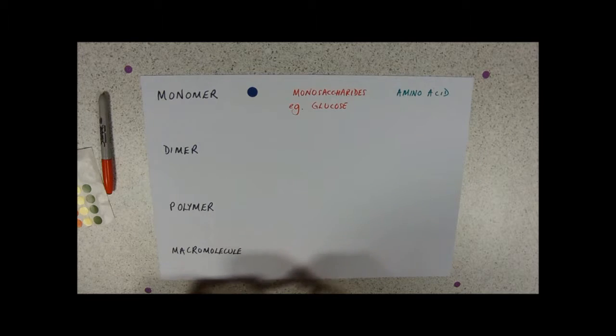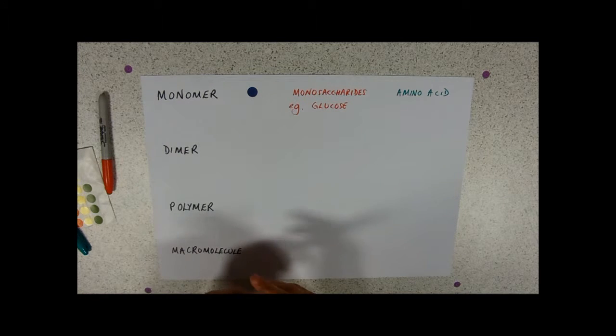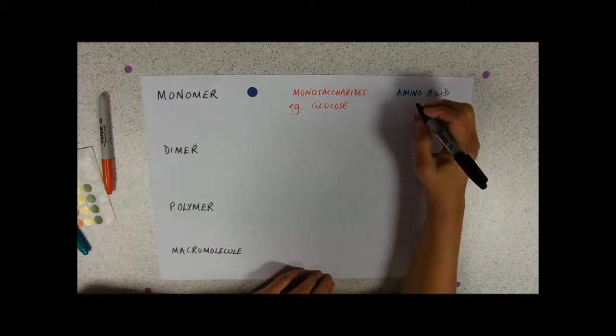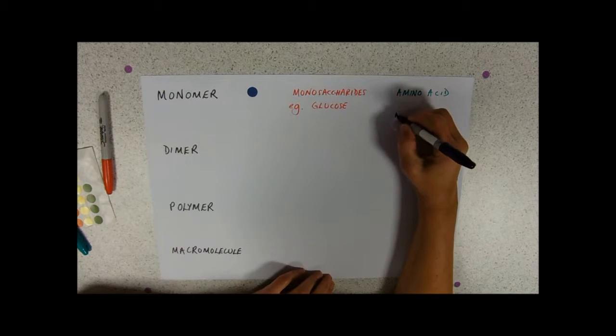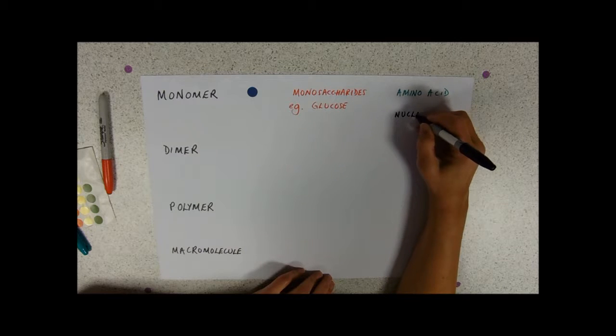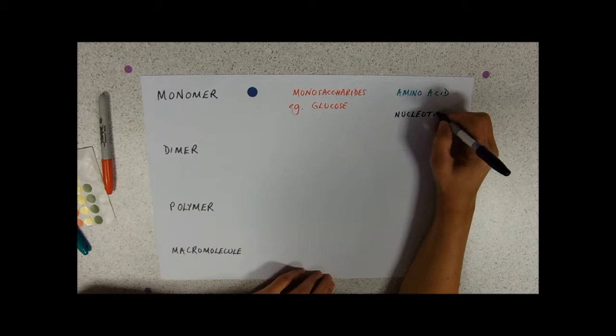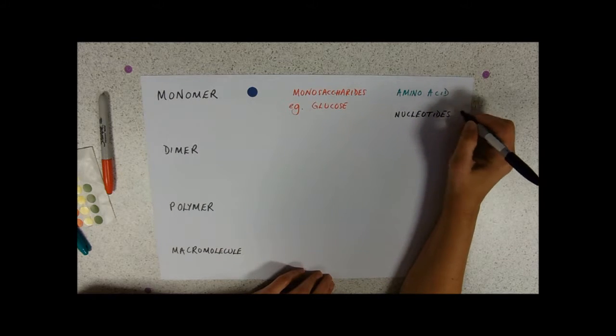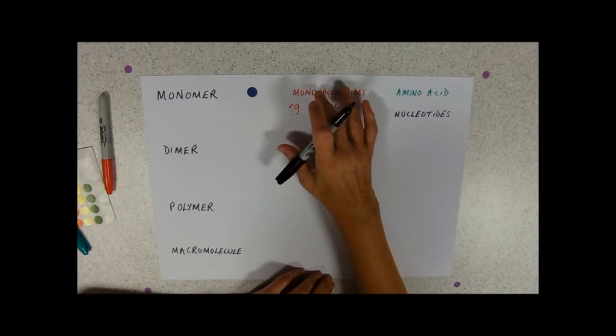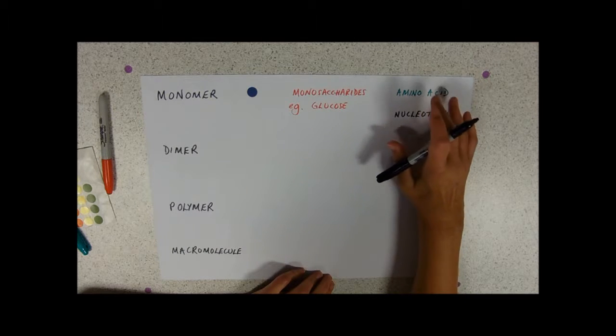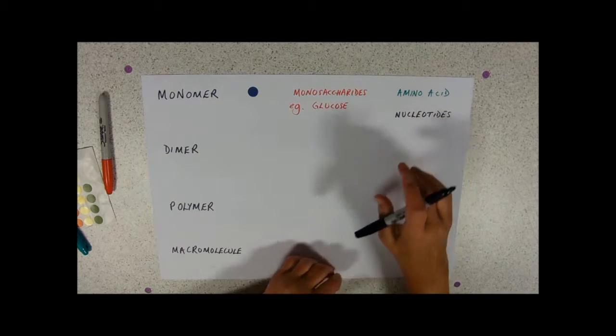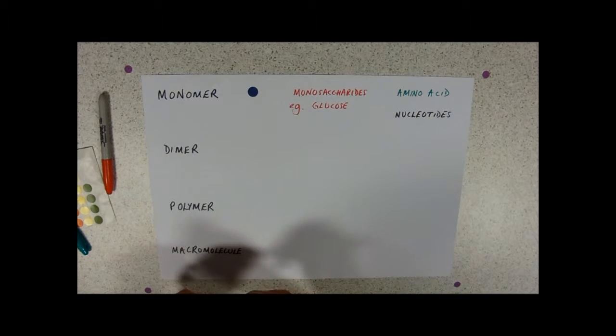And the monomer of the nucleic acids, like DNA, are nucleotides. So we've got monosaccharides for carbohydrates, amino acids for proteins, nucleotides for the nucleic acids like DNA.